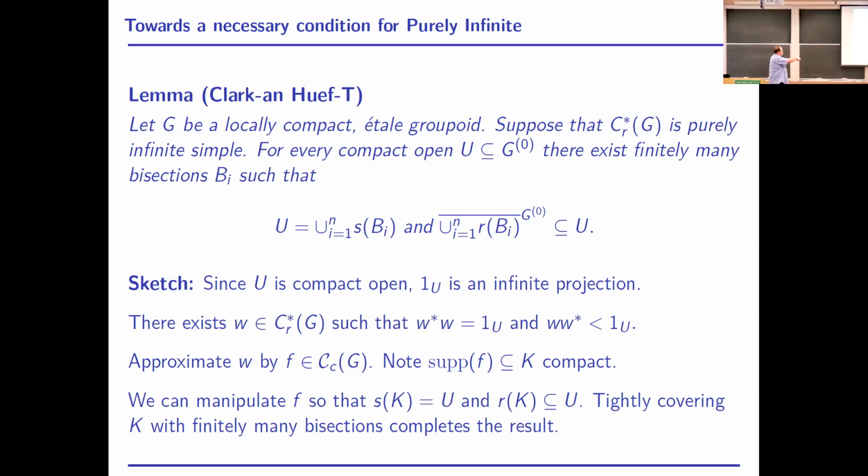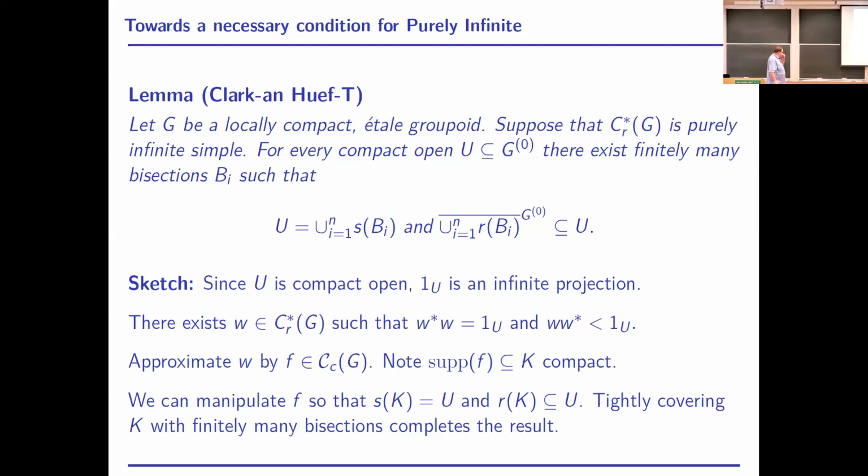So obviously, compact open, if you're in a general étale groupoid, that doesn't happen very often, and we're missing that the ranges are disjoint, and you're missing proper containment. So before you could get towards a necessary condition.